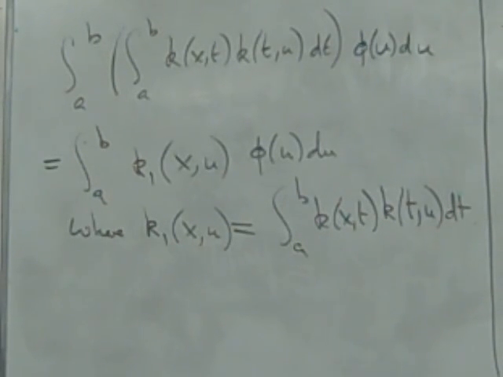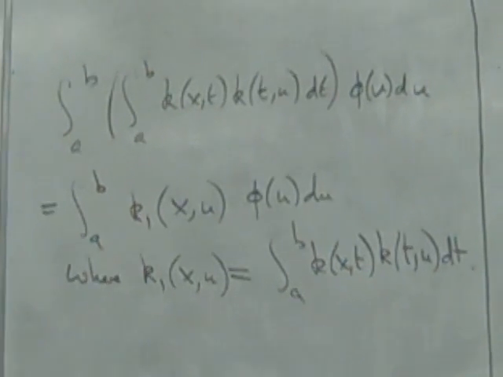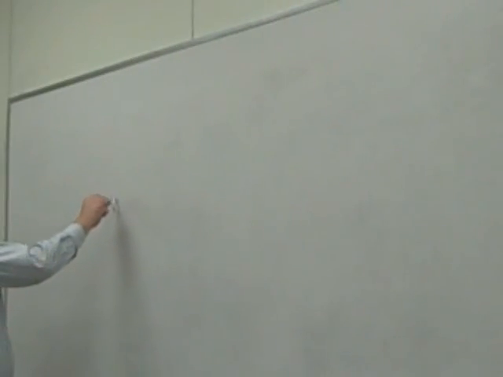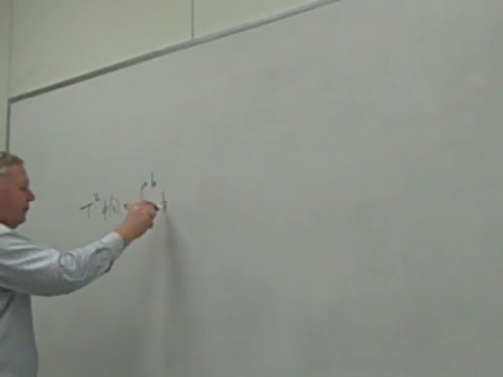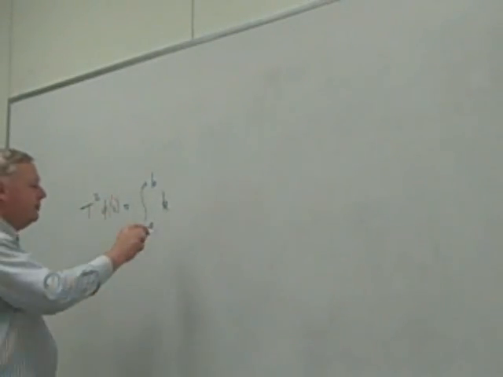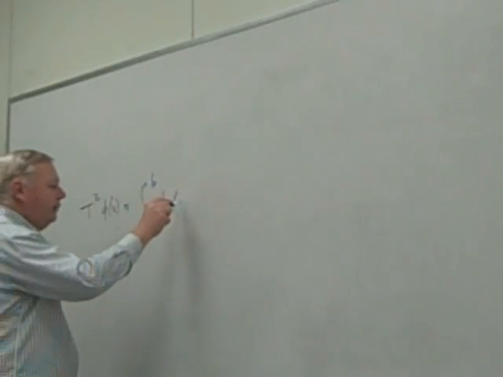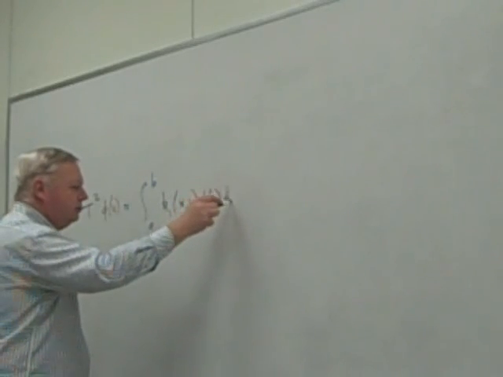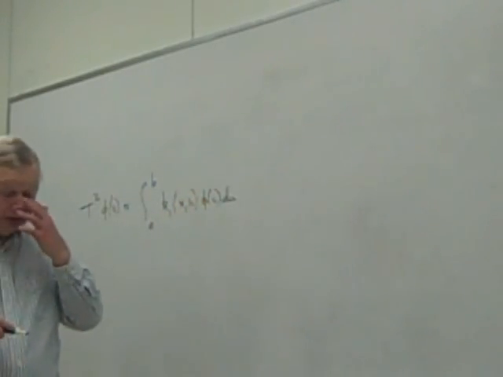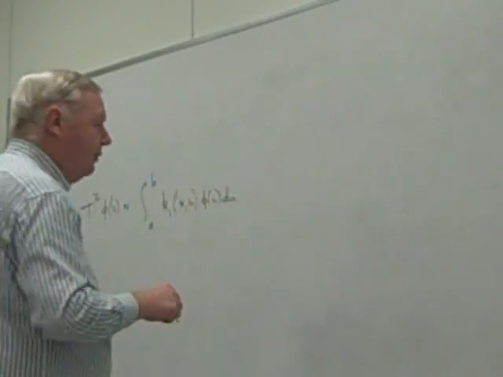And therefore, T squared looks like this. T squared phi at x is the integral a to b of this new kernel function, k1 of x,u phi of u du, but the bit on the end is different.